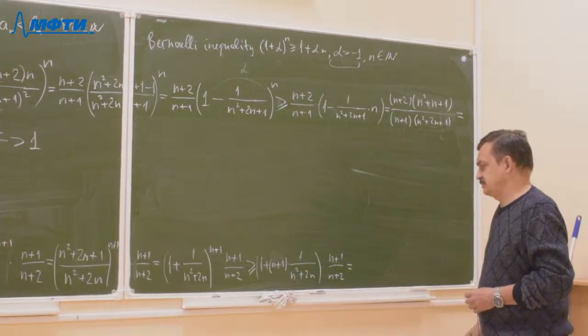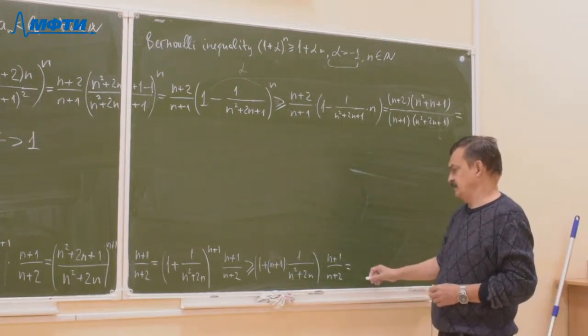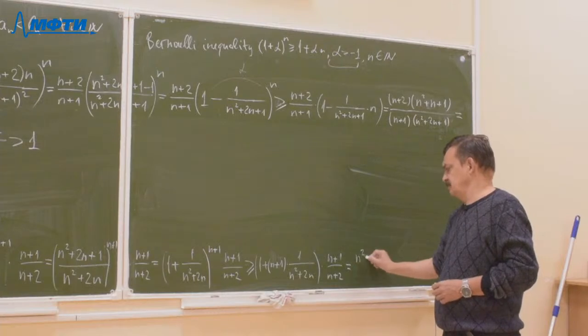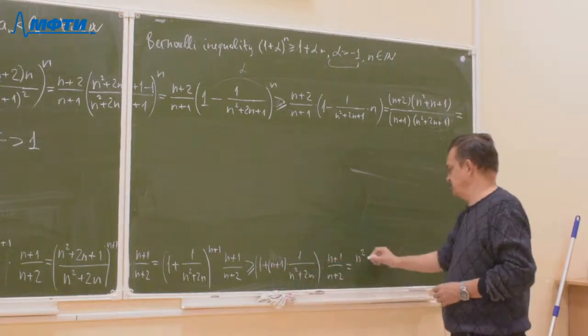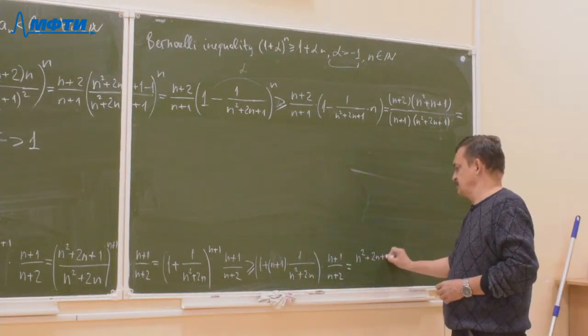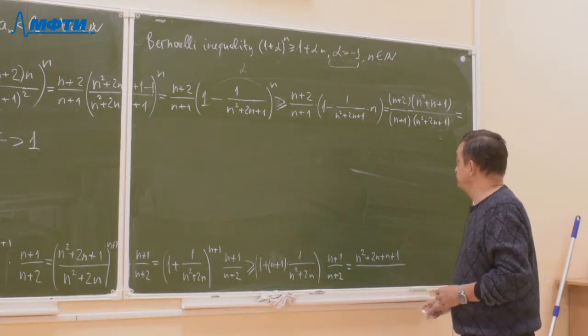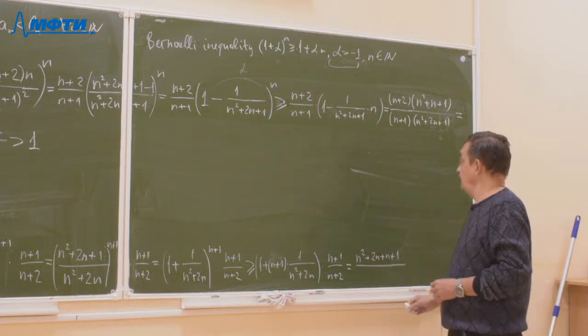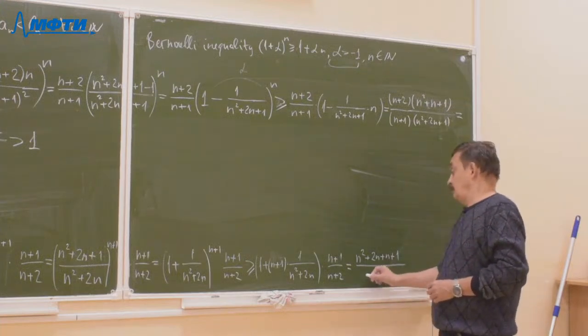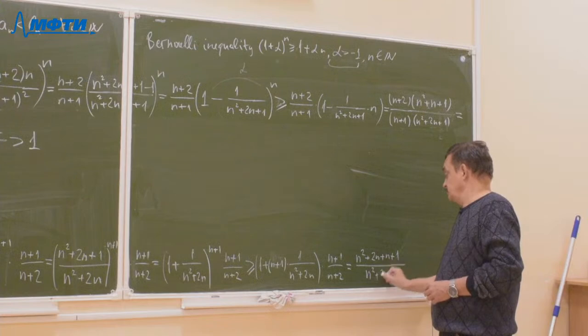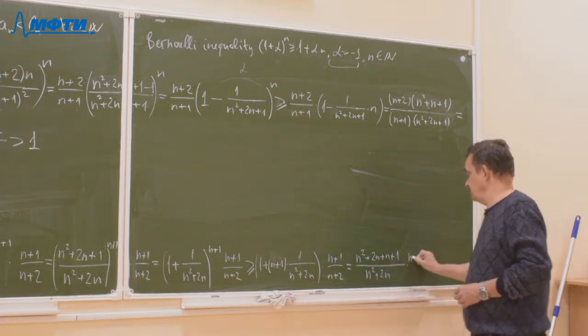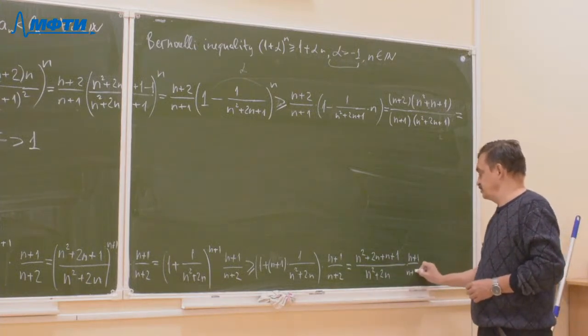And let us write again that is n squared plus 2n plus n plus 1 over n squared plus 2n times n plus 1 over n plus 2.